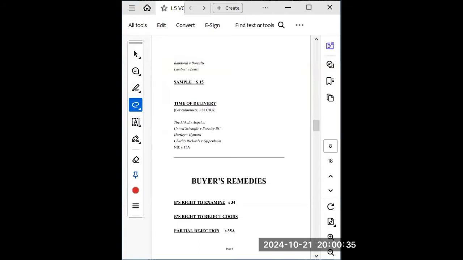If goods are not satisfactory nor fit because of something the buyer did or did not do, then the seller is not in breach of section 14. The case authority is Balmoral against Borealis. Let me tell you about this case. The buyer bought some Borosine. Borosine is just a compound to manufacture oil storage tanks.